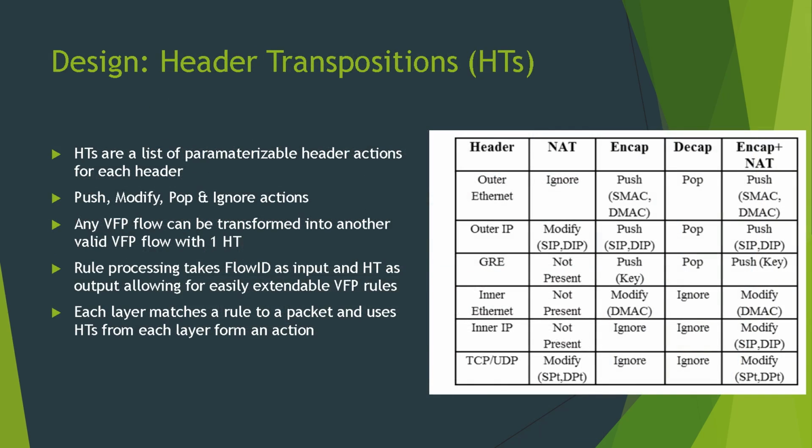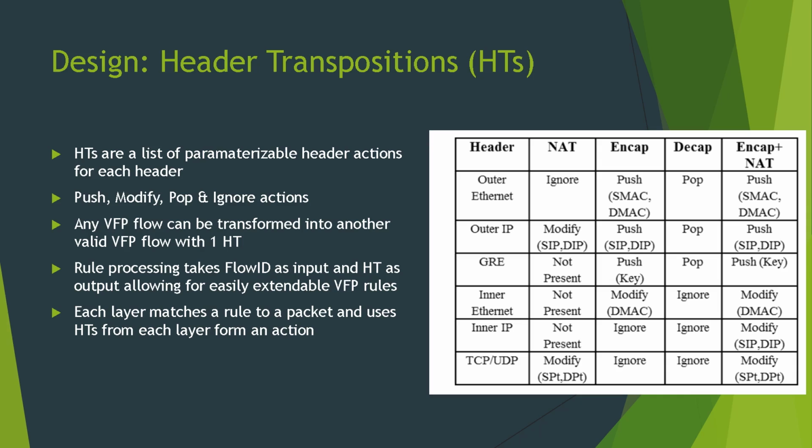The parsing of these header values is usually done by header transpositions, which are the action primitives that can change or shift fields throughout a packet. They're able to provide a list of header actions for many different types of headers.